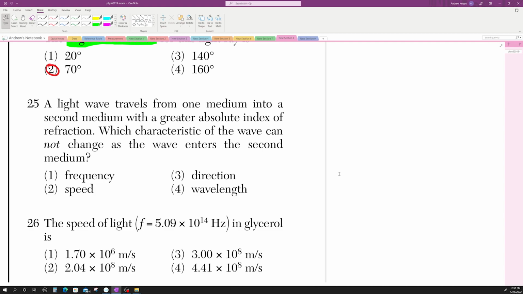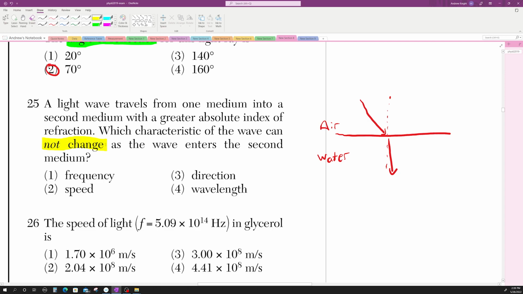Question number 25. A light wave travels from one medium into a second medium. Hey, I know this. If I'm going from one material into another material, like air into water, this is refraction. Which characteristic of the wave does not change?